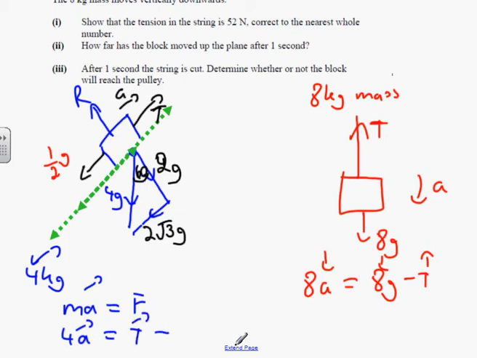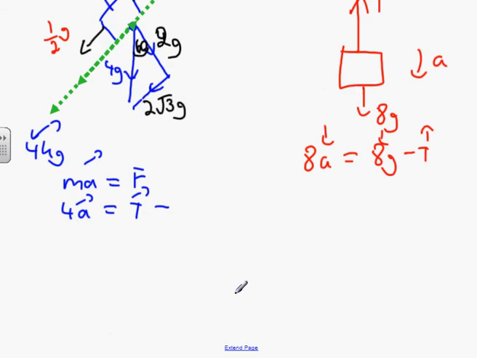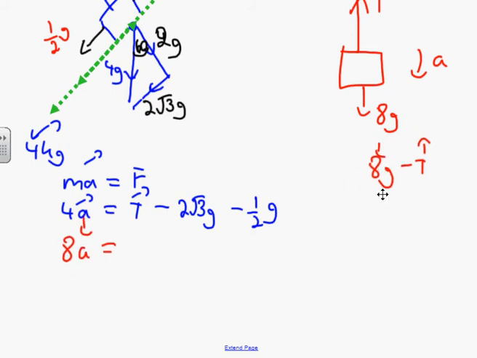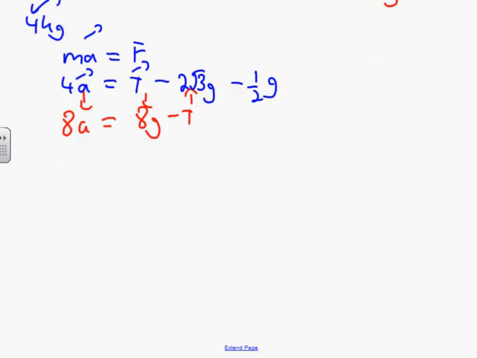What takes away from tension? 2 root 3 G, and then a half G after that. I have two equations, okay? The idea is to isolate one letter and then isolate T. So I think I can add the two of them together. That would be a good idea. If I place them directly underneath each other and add them together like simultaneous equations, what happens here?